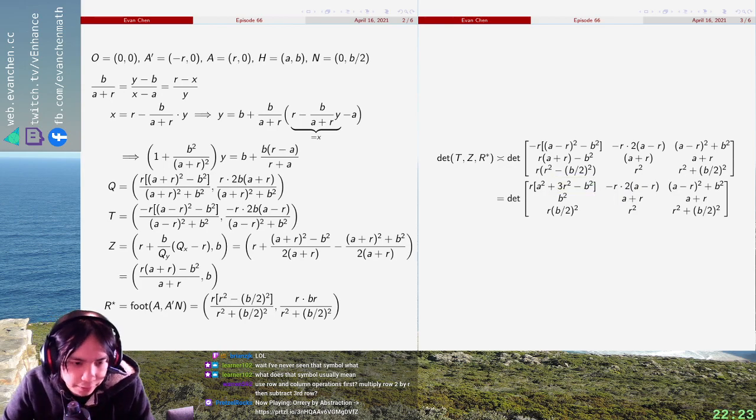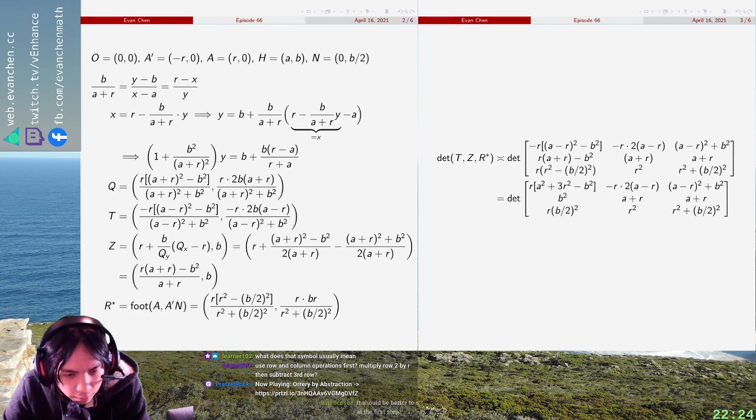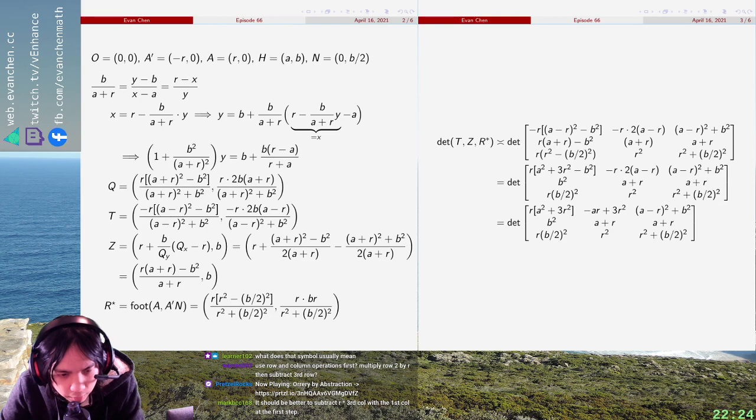So if I add r times the second row. So minus 2a. Okay, so add in r minus ar and then we added 1.